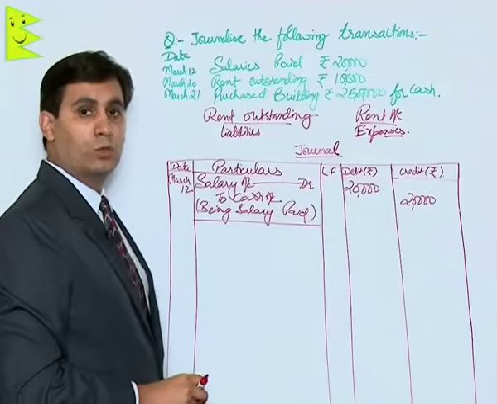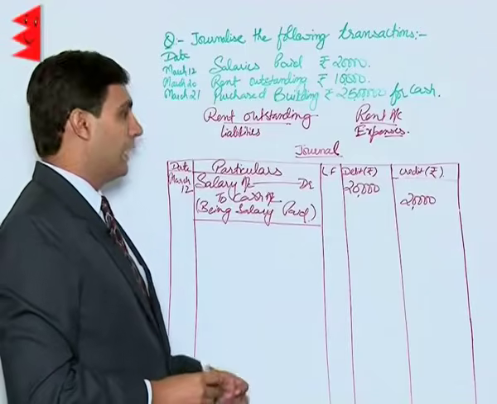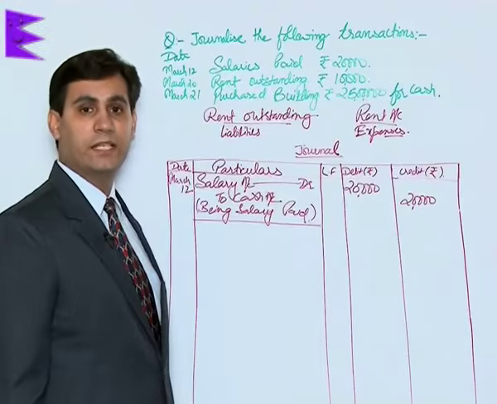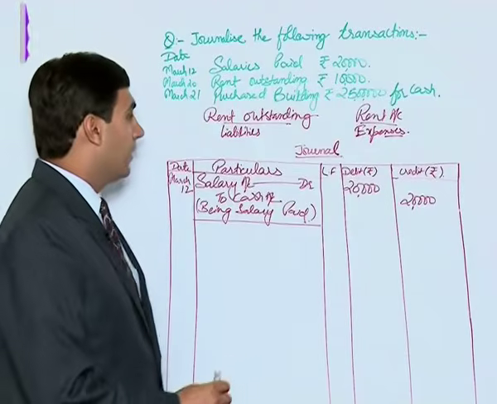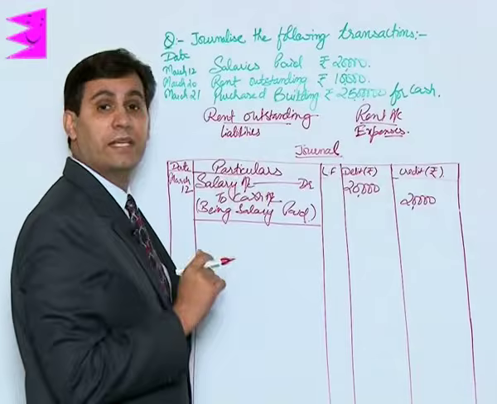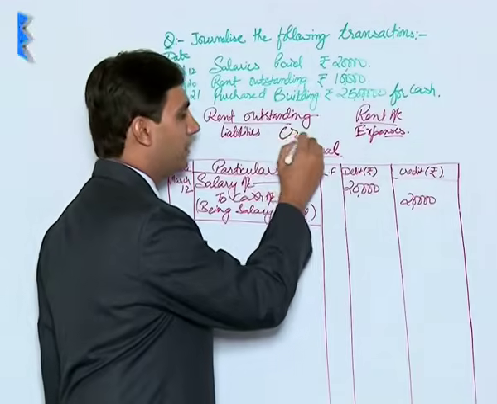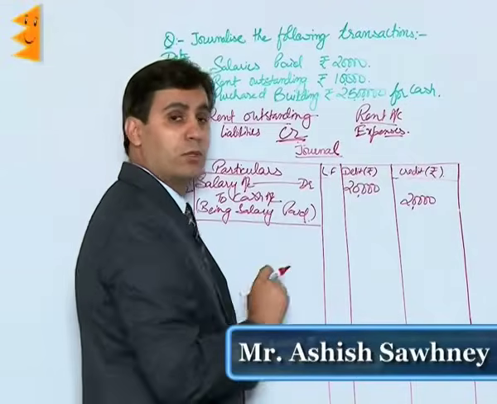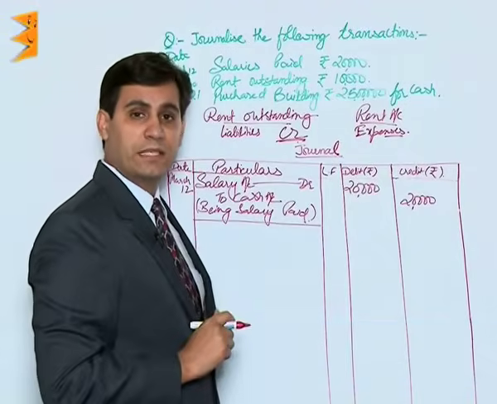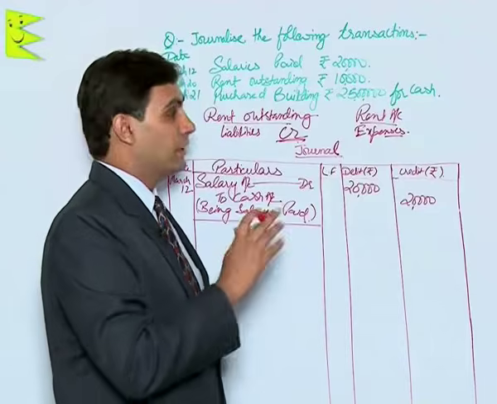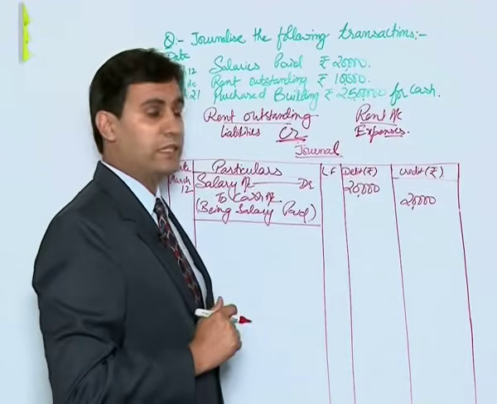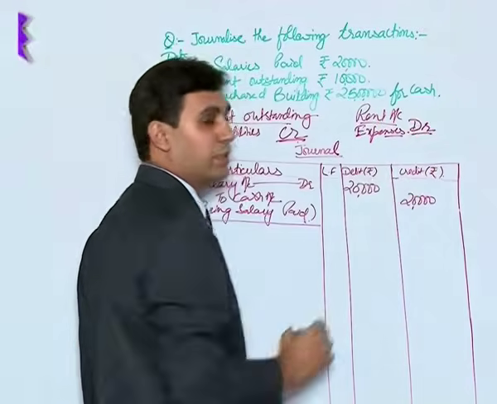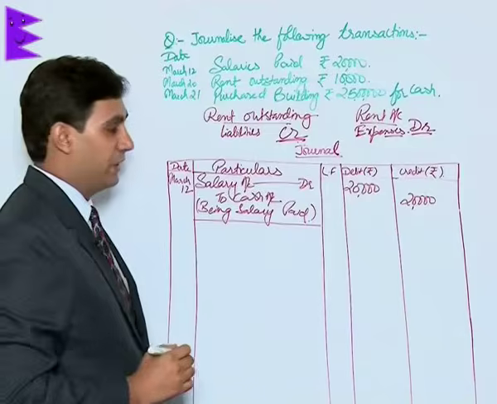Now students, rules for liabilities. The rules for liabilities are debit if the liabilities decrease and credit if they increase. In this case, liabilities are increasing, so it should be credited. Whereas for expenses, the rules are debit if the expenses increase, whereas they should be credited if they decrease. In this case, our expenses are increasing, rent account should be debited.